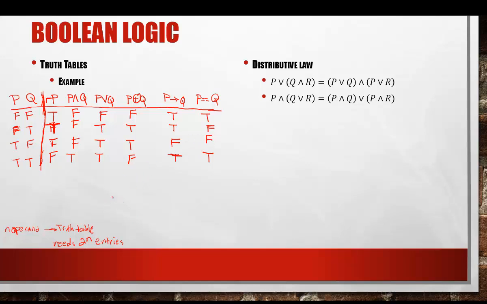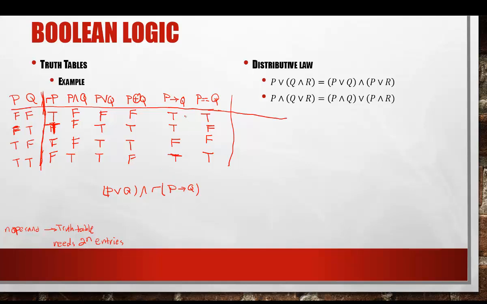Now, if I wanted to calculate the truth of something like this, P or Q and not P implies Q, then I could do something like this. So extend my truth table. P or Q is here, and this is the truth of it.